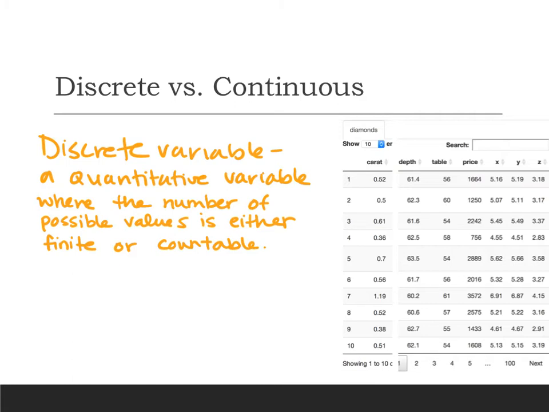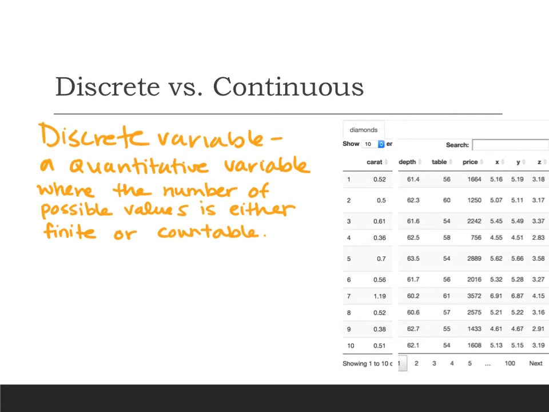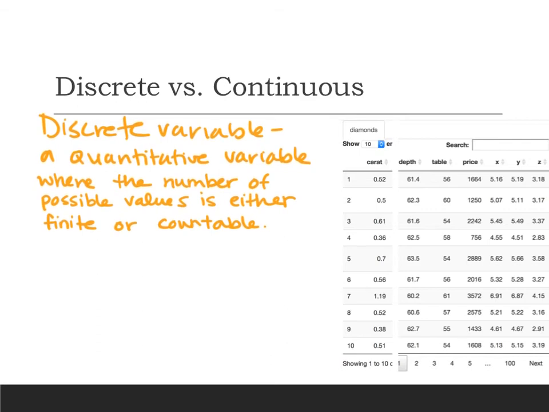I can have an infinite number of people walking through the door, in, out, back and forth, but I can count those people because there's no half people. There's no half a person walking through a door. So I'm counting, I'm counting, I'm counting. It's infinite, but it's whole numbers. So that's what a discrete variable would be. And I'm going to slide that up just a little bit so I've got a little more room for continuous.